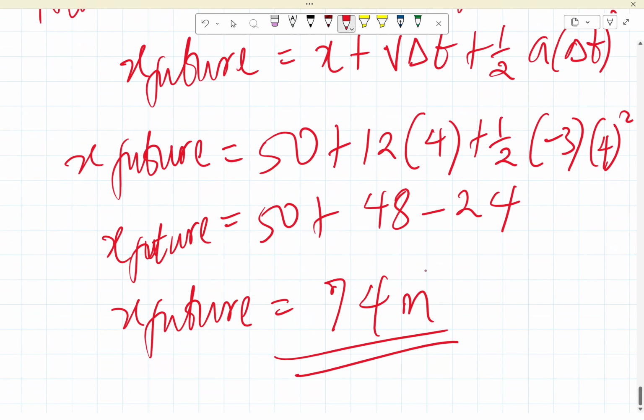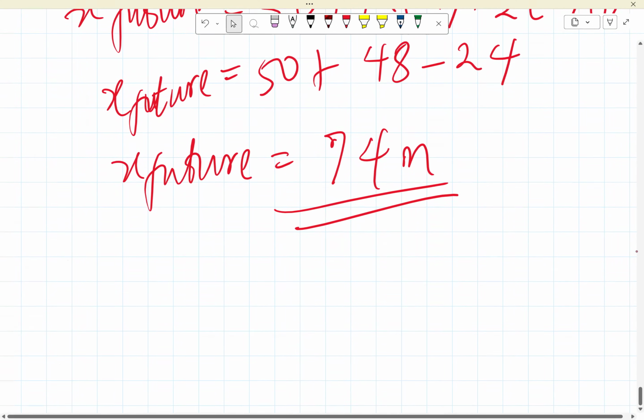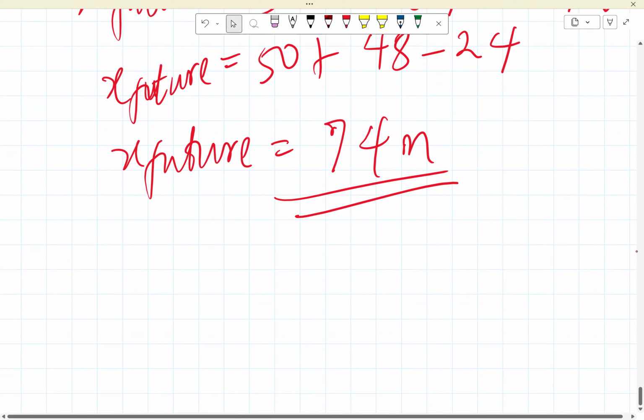So that would be the future position, 74 meters away. So now we have x future 74 meters and v future is 0 meters per second.